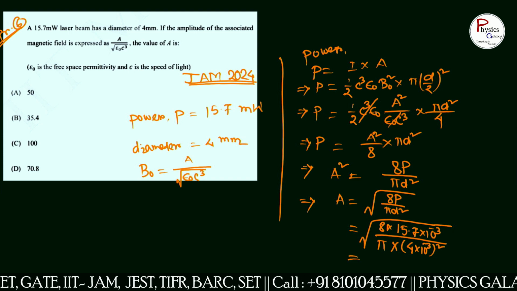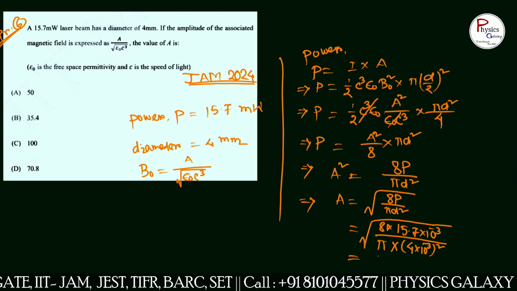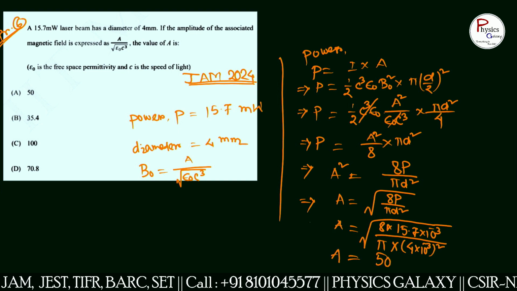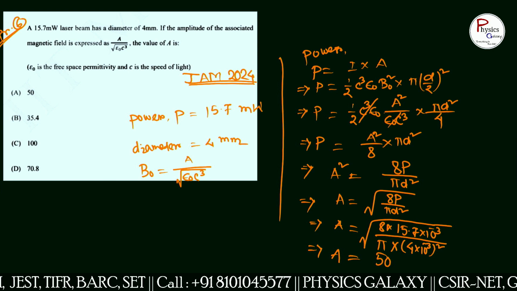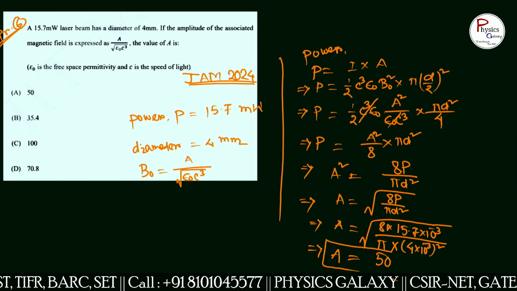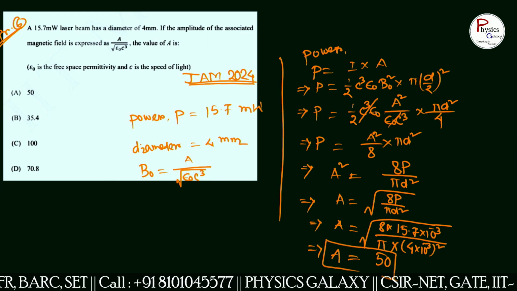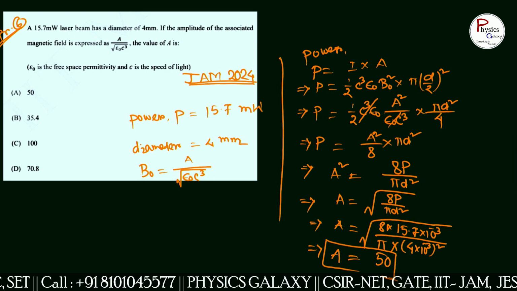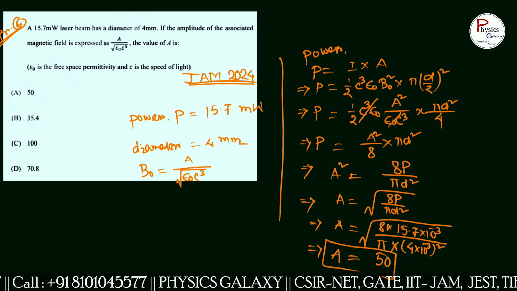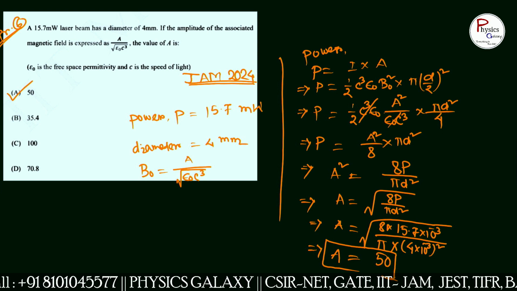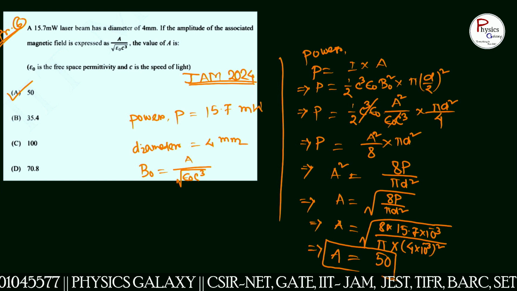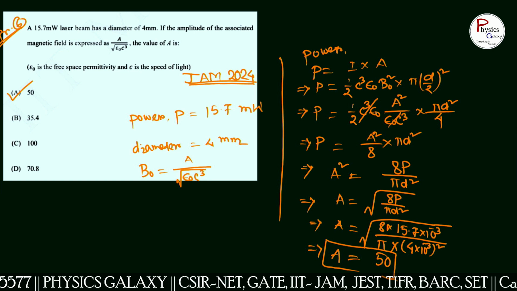Now after calculation, we get the value of A equals to 50. So the option with the value of A was given as option A here. So this is the sixth problem of the EMT question.